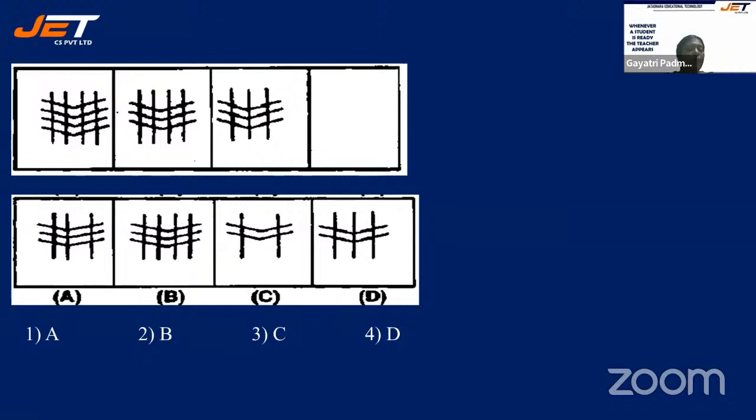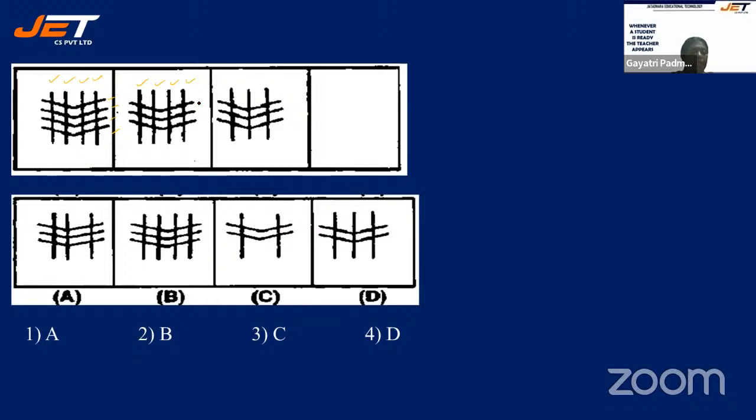Your option A, your first figure it shows, yeah, we have 4 lines. All right. So 1, 2, 3, 4. All right. So the second one you have 1, 2, 3, 4.